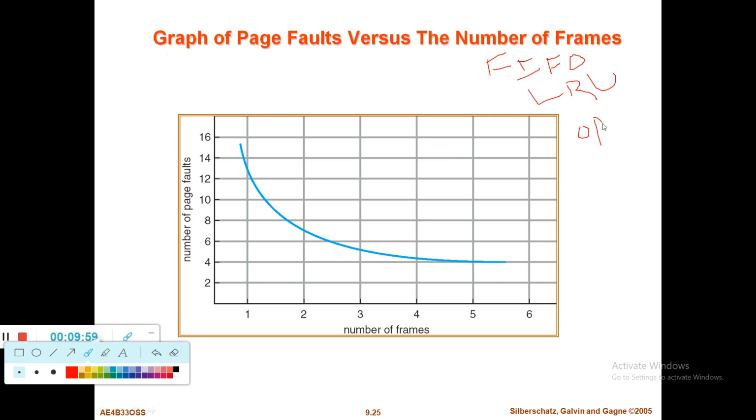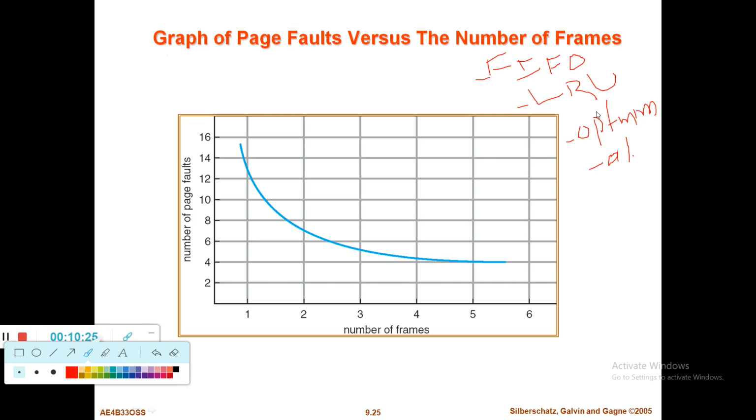These are the three algorithms that we are going to cover in the remaining part of the presentation: first in, first out, least recently used, and optimal page replacement.